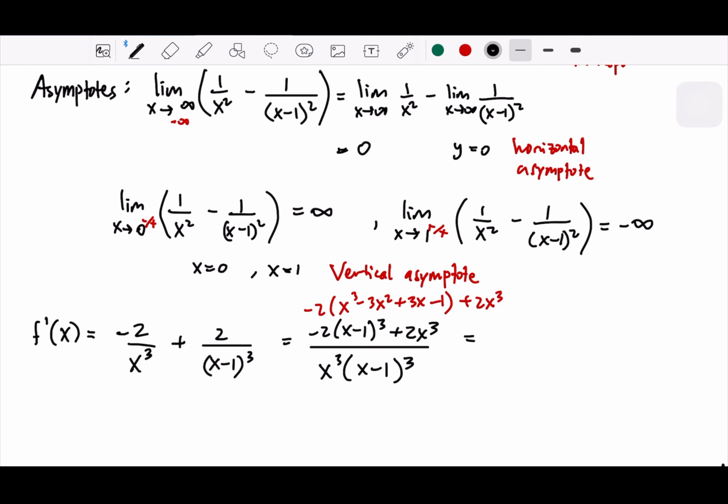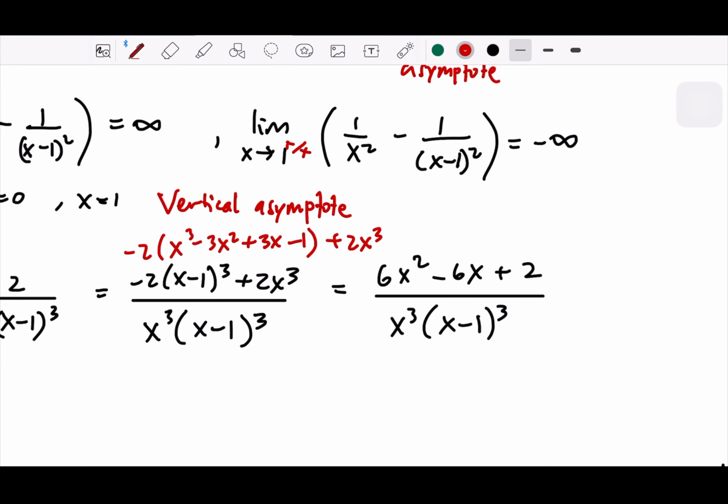So we are going to have 6x squared minus 6x plus 2, over x cubed, okay.